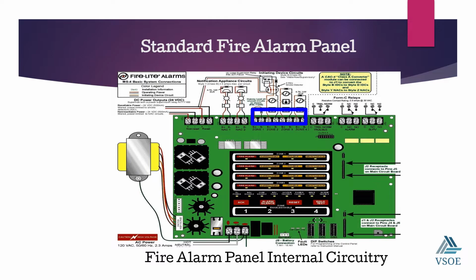Then we have the notifiers, which shows 2 circuits on this side, right? And then this one provides relay output control as well, right? So we can set up relays, activate doors and fans and so forth.